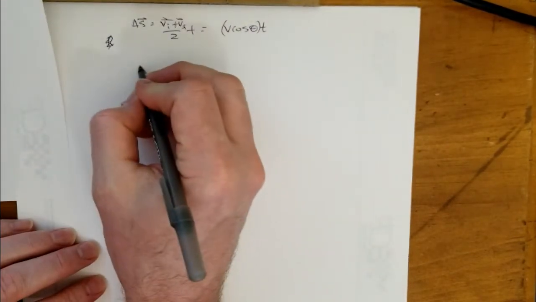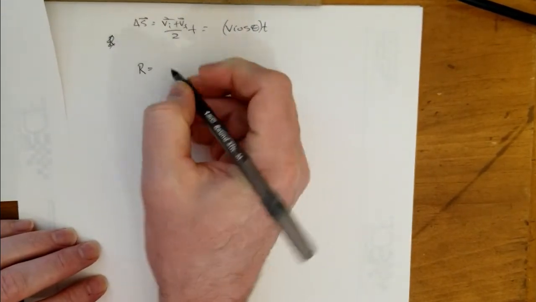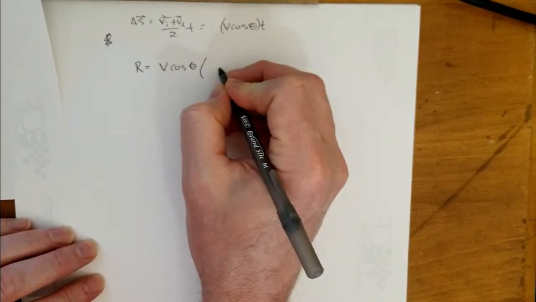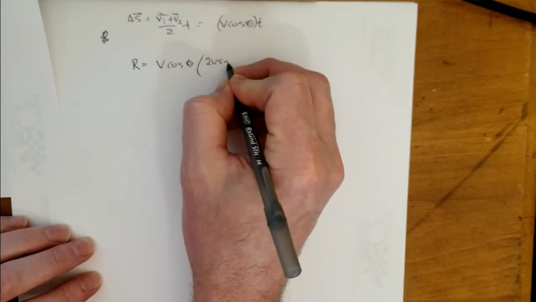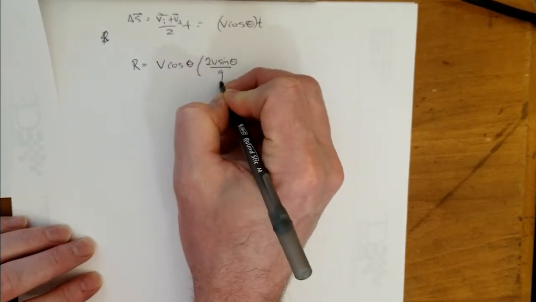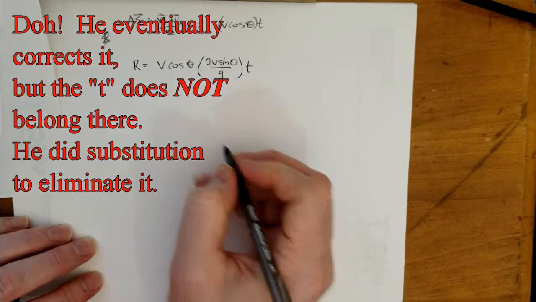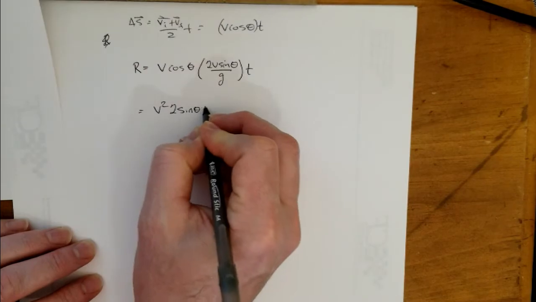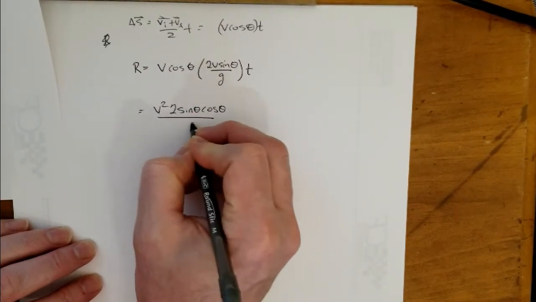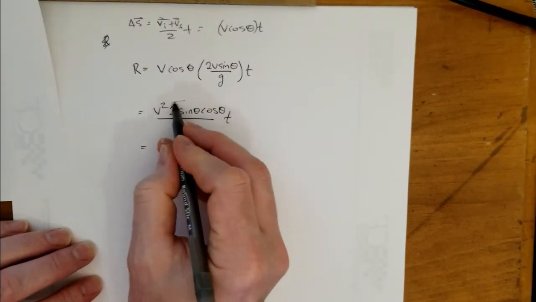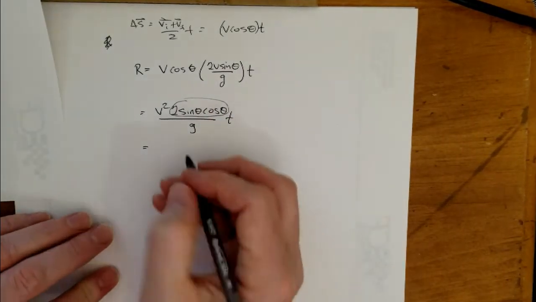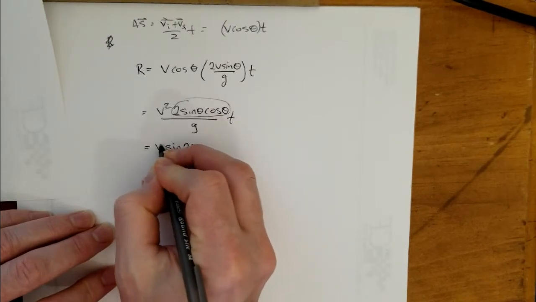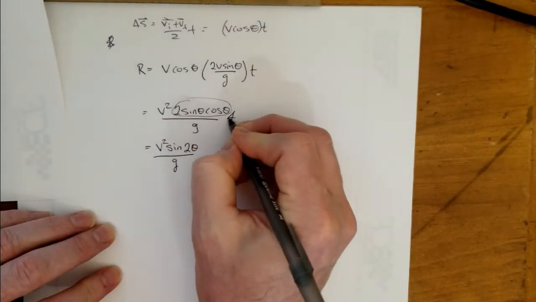And so we know the value for time, and so r, which is the displacement, is equal to v cosine theta times 2v sine theta over g, which becomes v squared 2 sine theta cosine theta over g. And 2 sine theta cosine theta is just sine of 2 theta, so r equals v squared sine 2 theta over g.